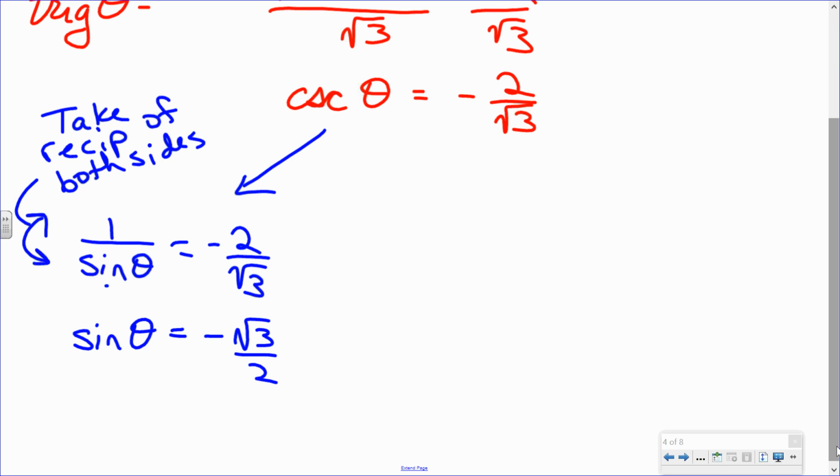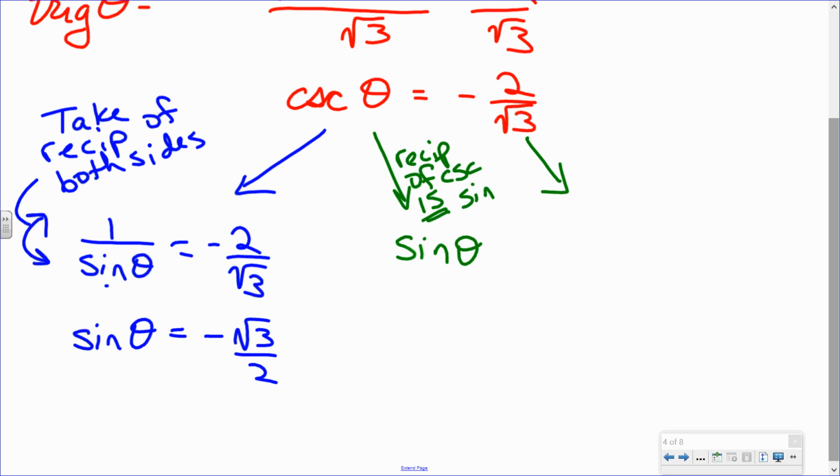If I do it in 1 step, the reciprocal of the cosecant is sine. The reciprocal of negative 2 over root 3 is negative root 3 over 2.